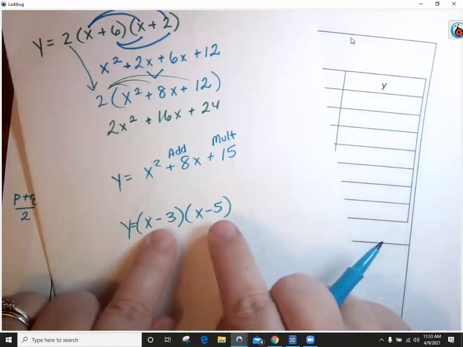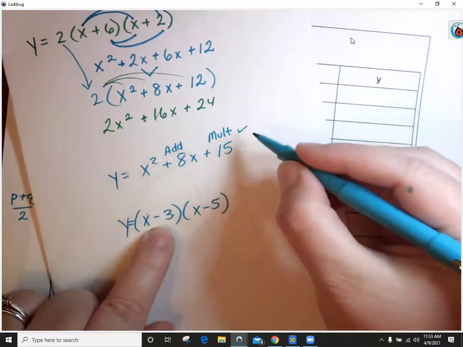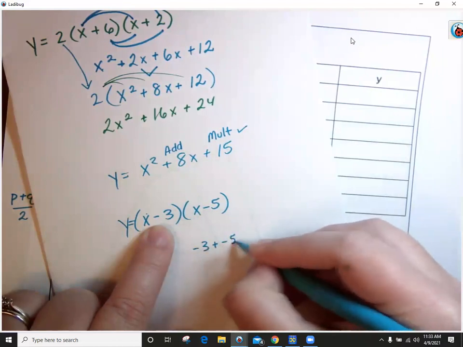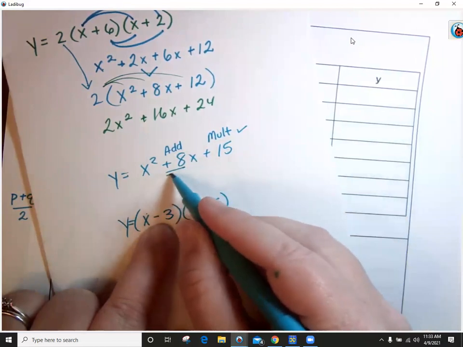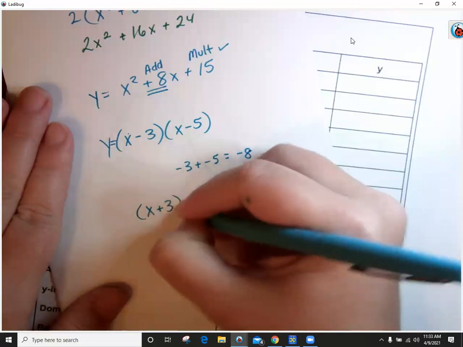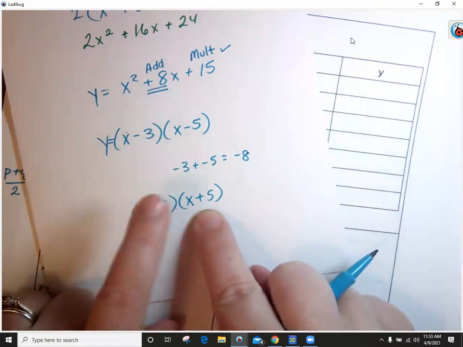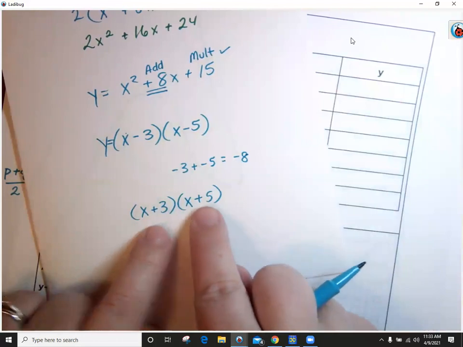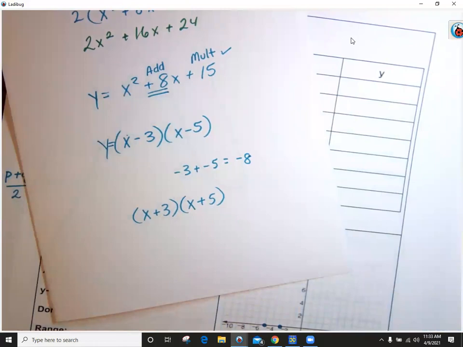And -3 times -5 is +15, so it works for that. But if you add -3 plus -5, you get -8, and we've got to make them add up to a +8. So that's why we have to use the +3 and the +5 in the equation, because 3 times 5 gives us that 15, and then 3 plus 5 gives us that +8 in the middle. So there should only be one combination that works for both of them.